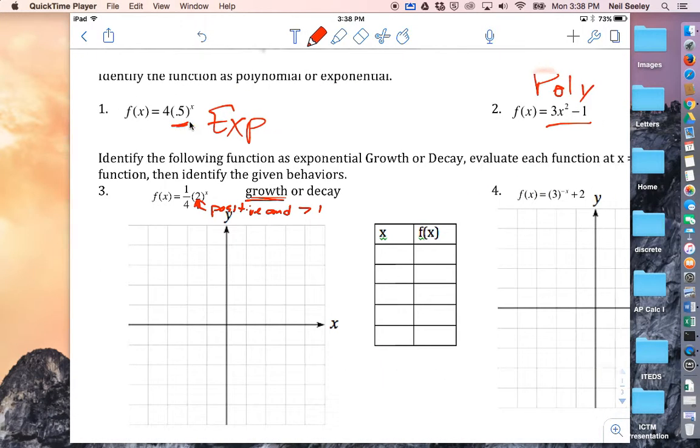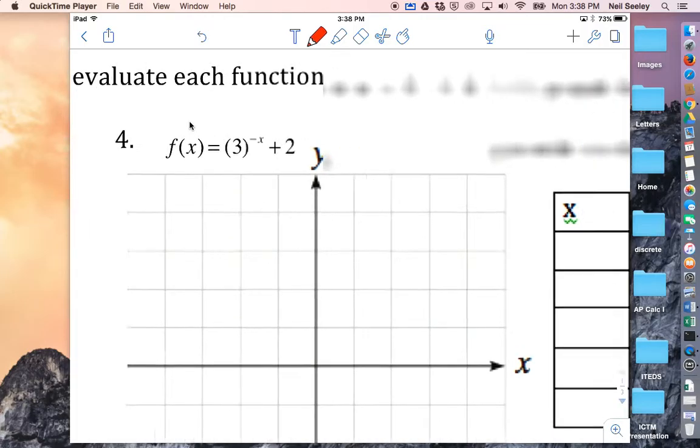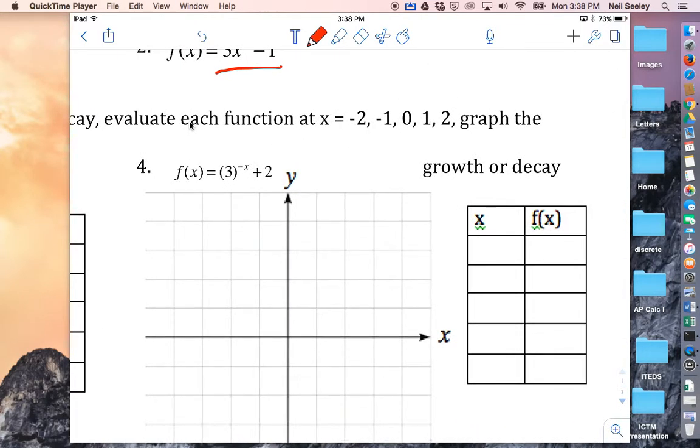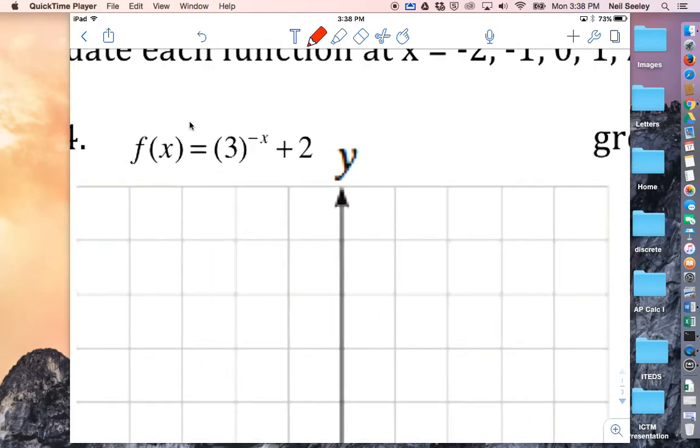On the flip side of the coin, you'll have a decay if what's being exponentiated is a fraction, something less than 1. Now this one in the picture is kind of hard to tell, but if you recognize the transformation, it's got a horizontal flip in it. That's one way to notice this is a decay function. But I think the nice way to think about it is, instead of 3 to the negative x, you can think of it as 3 to the negative 1, to the x, and then you might remember, oh wait, that's 1/3 to the x.